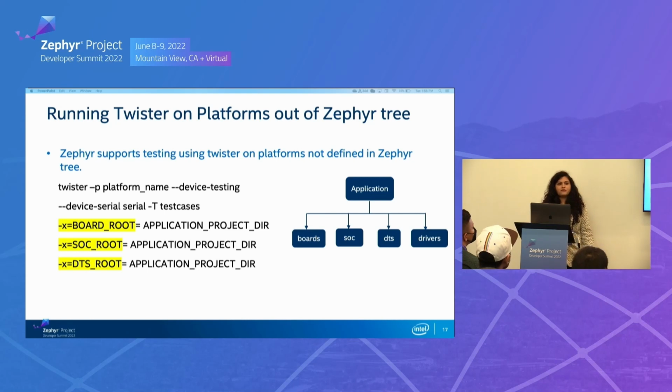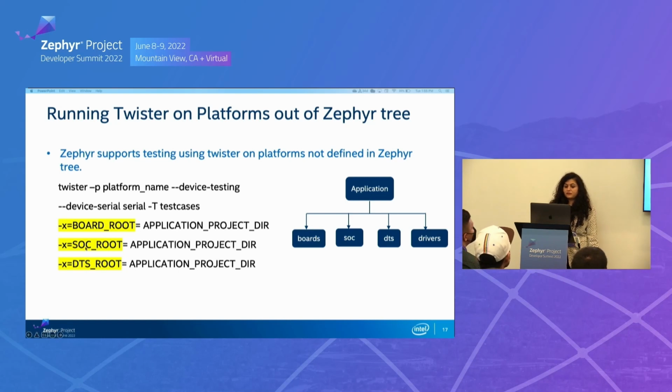So now we have seen how we do hardware testing in Zephyr, but there can be boards which are not defined in the Zephyr tree itself, and some of you might be interested in knowing how to execute a board which is not supported by Zephyr yet.